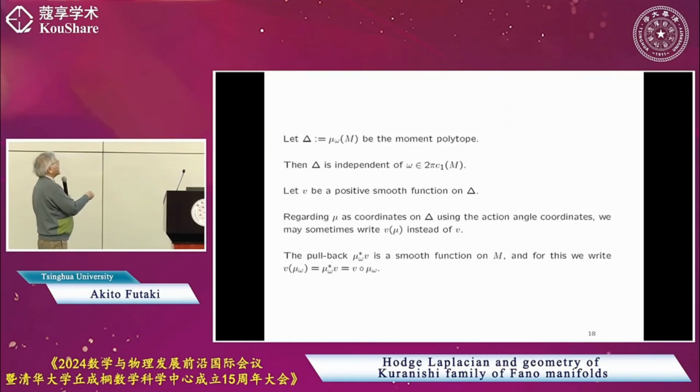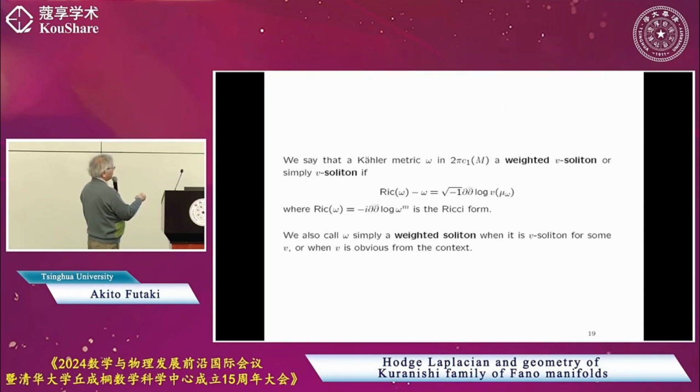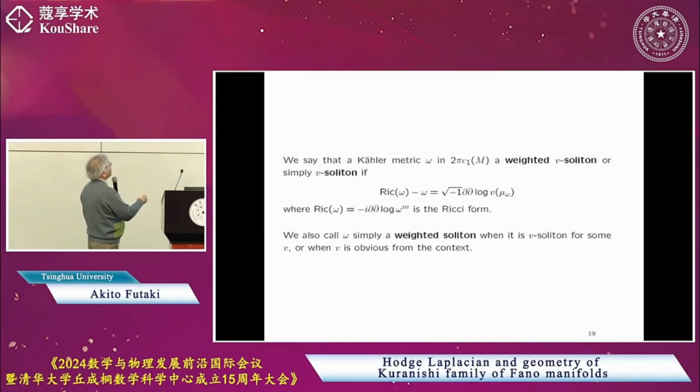It is somewhat complicated, but I said this because I want to define this V soliton. So we say a Kähler metric is a V soliton, weighted V soliton, or simply V soliton if Ricci minus omega is d d-bar of log of V of mu omega.